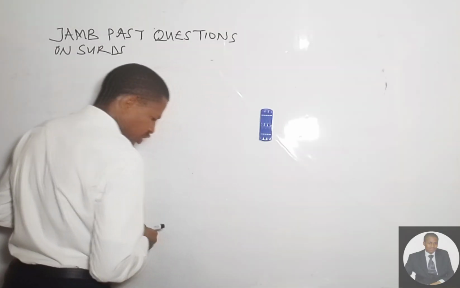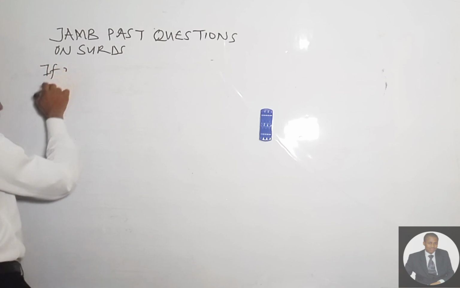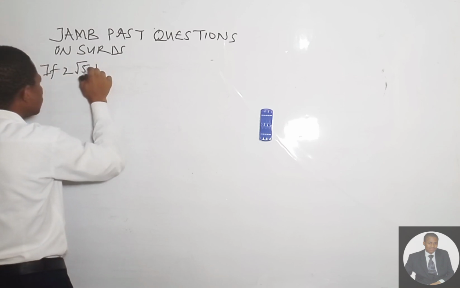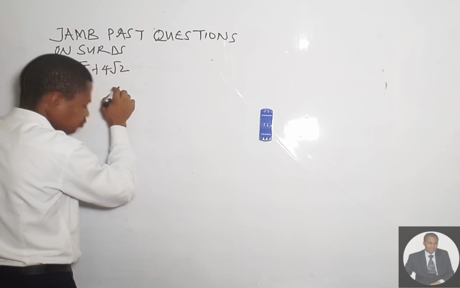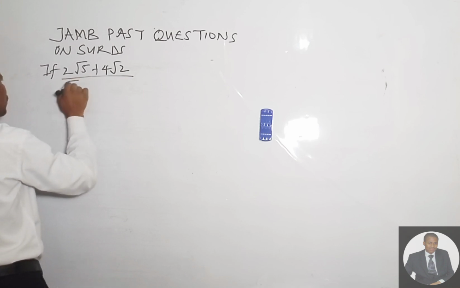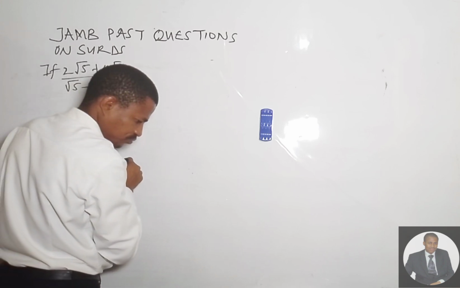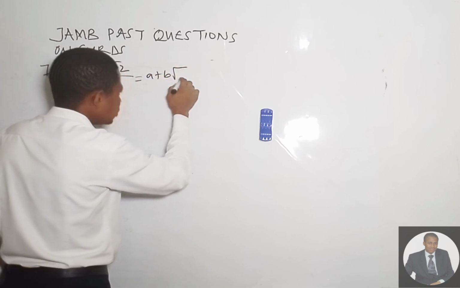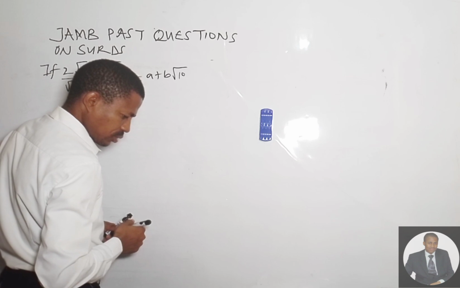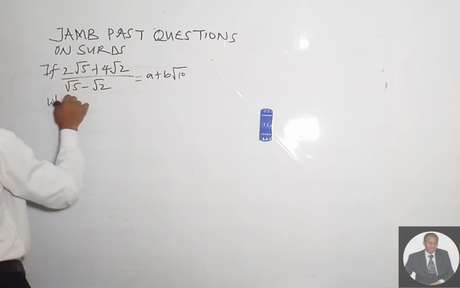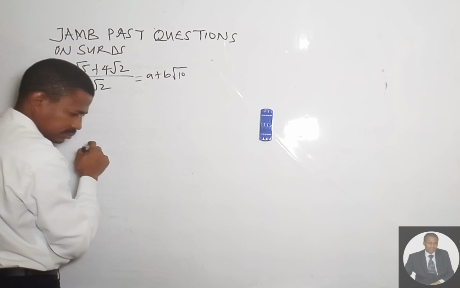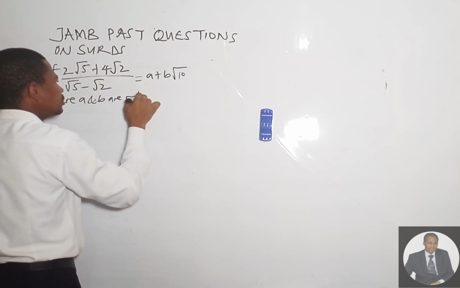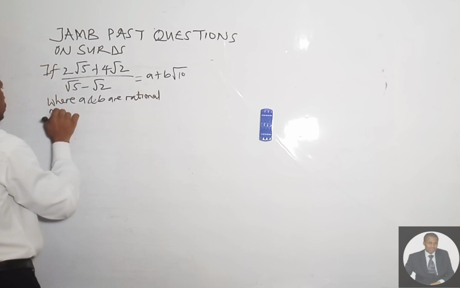Another question. If 2 root 5 plus 4 root 2 over root 5 minus root 2 equals a plus b root 10, where a and b are rational numbers.